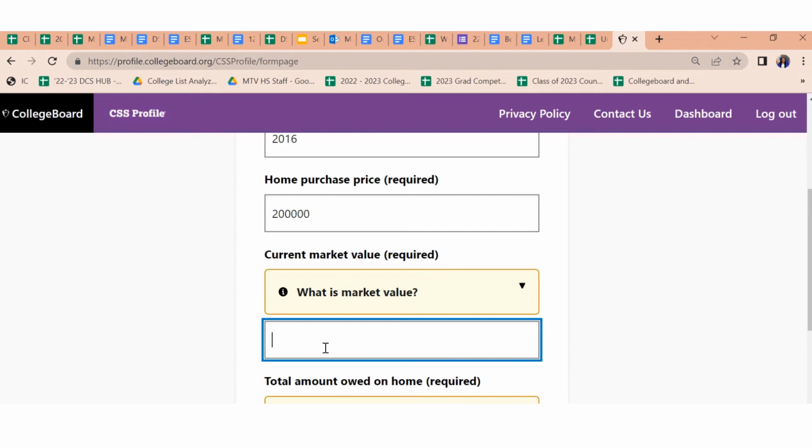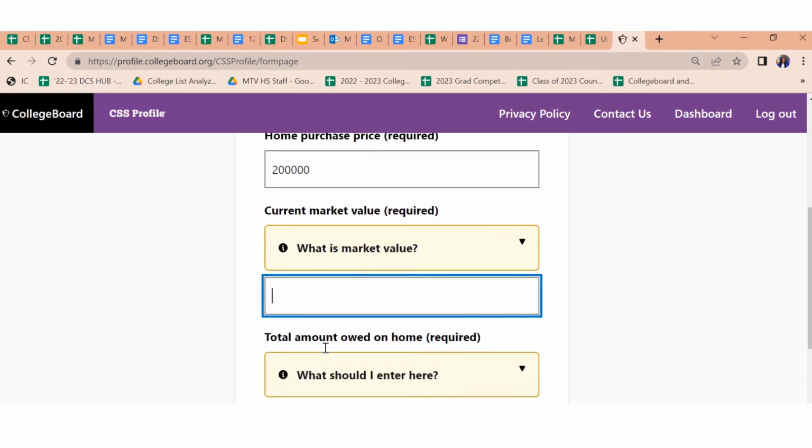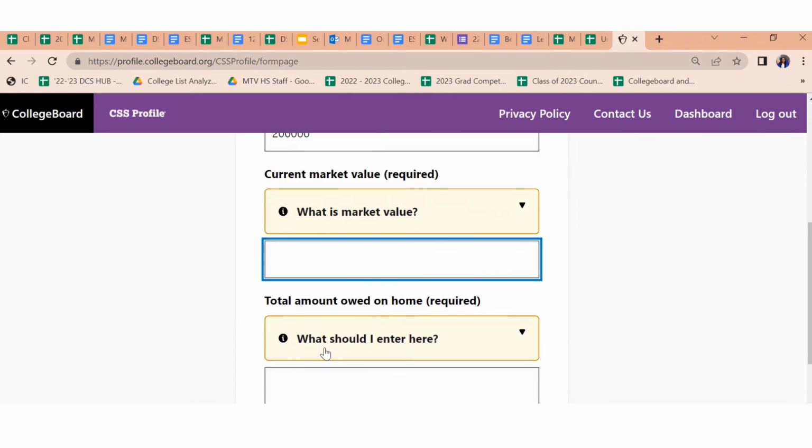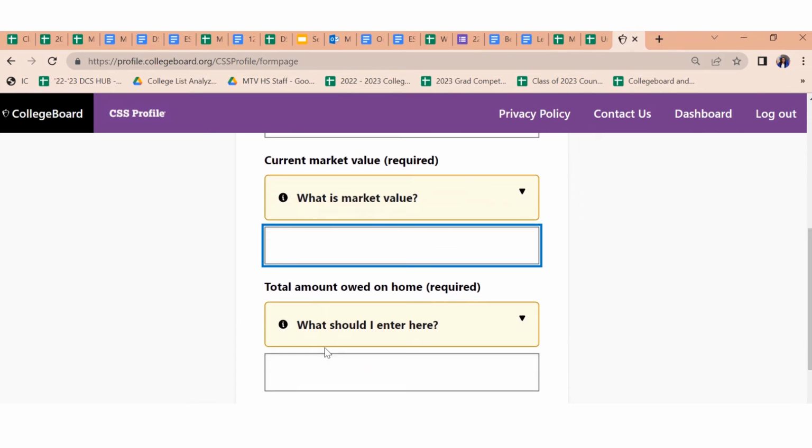So I recommend using the Federal Housing Association website and calculating an estimate of your home's market value. Please feel free to check in with your college counselor if you are not sure where to find this, and we can help you, but you want to be very careful that you don't overestimate this.